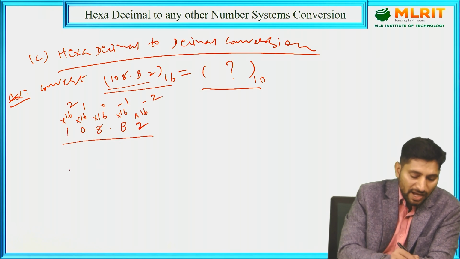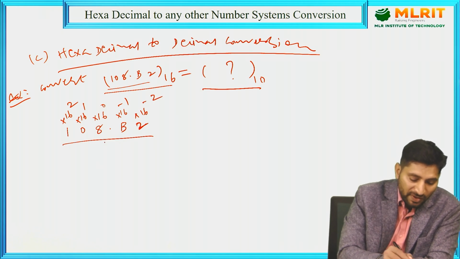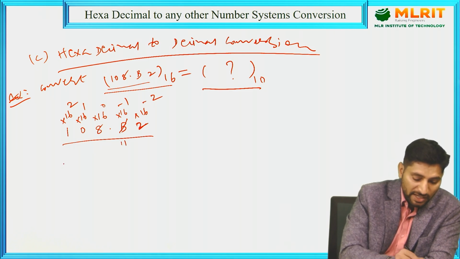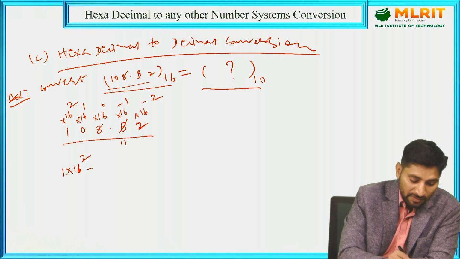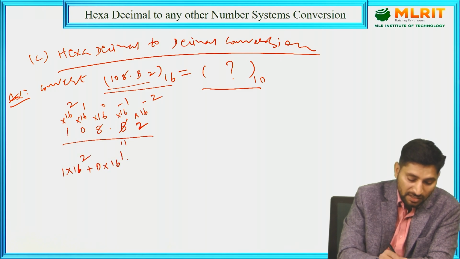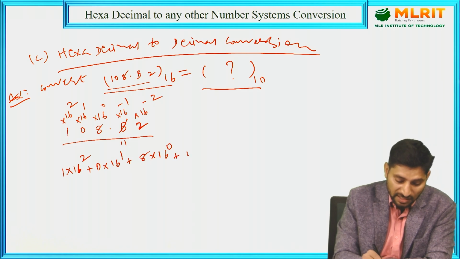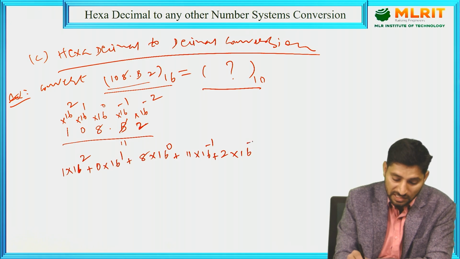Now I have to multiply, but here B is in hexadecimal, B is 11. So 1 into 16 square plus 0 into 16 power 1 plus 8 into 16 power 0 plus 11 into 16 power minus 1 plus 2 into 16 power minus 2.